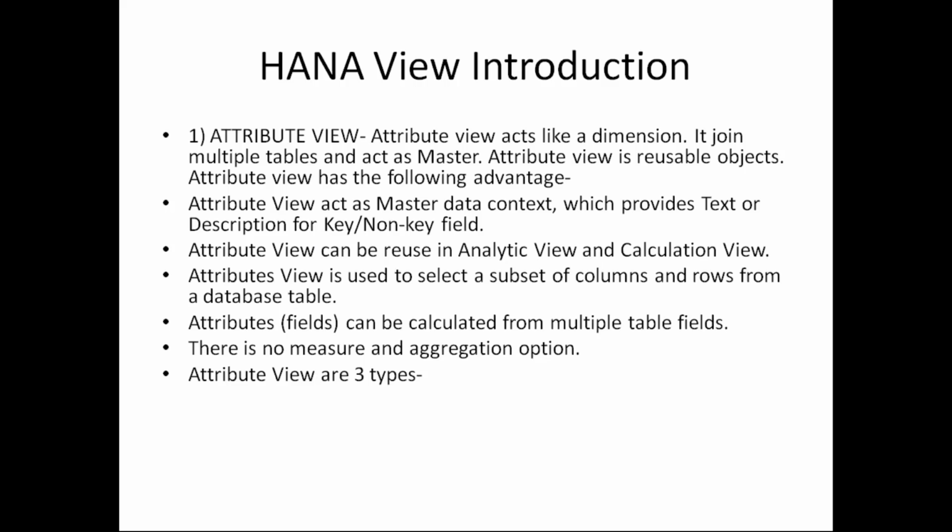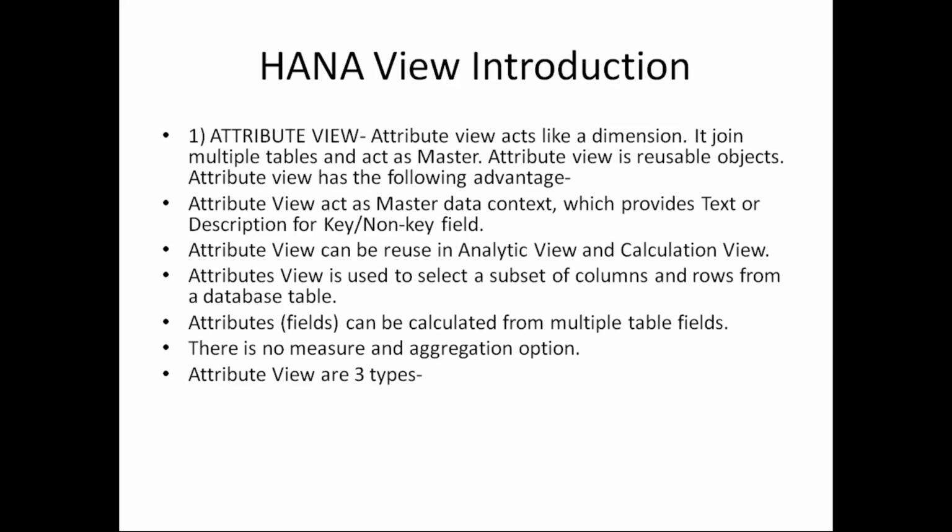In attribute view there is no measure, no aggregation option. Measure and aggregation means like you want to sum some fields, so that kind of facility is not available in attribute view. Measure means any quantity fields, you can't use that; we use attribute view only for text purposes.